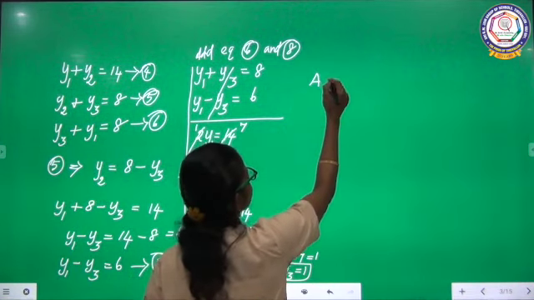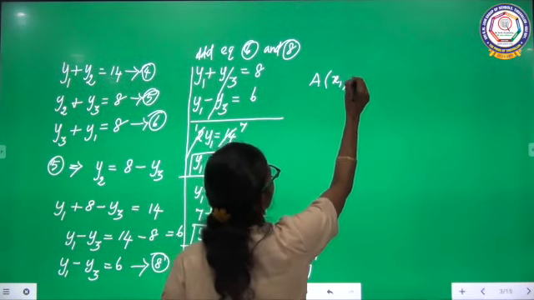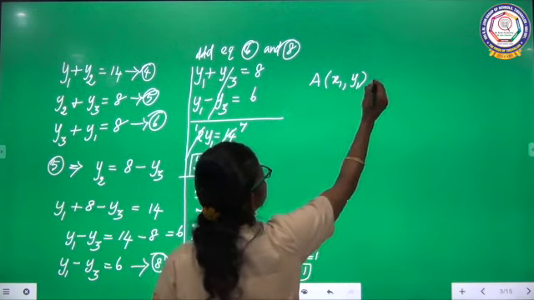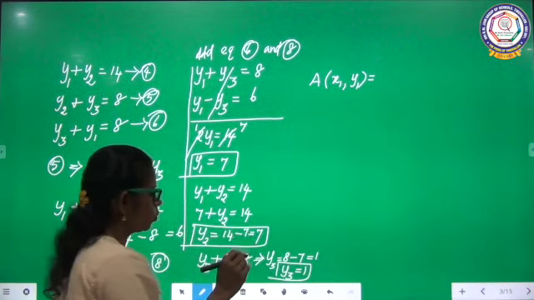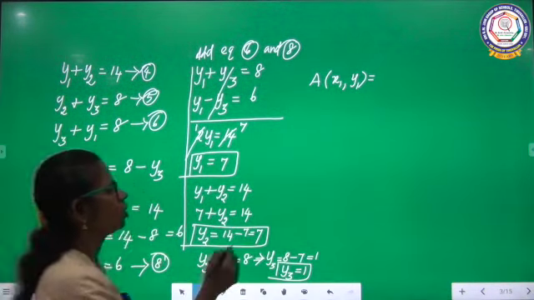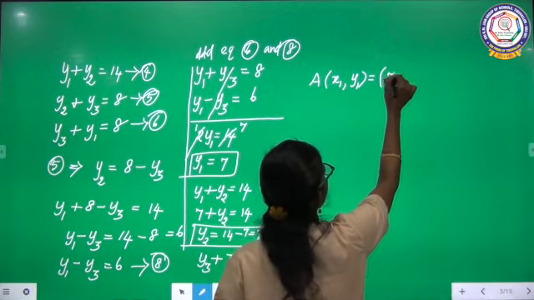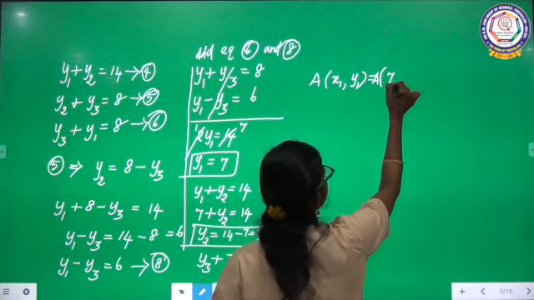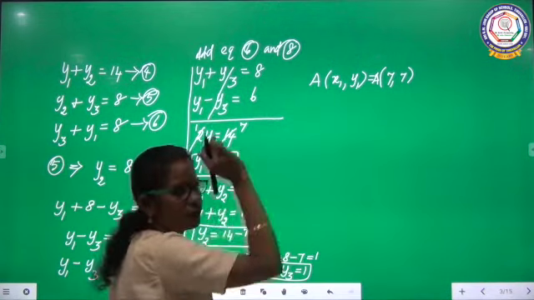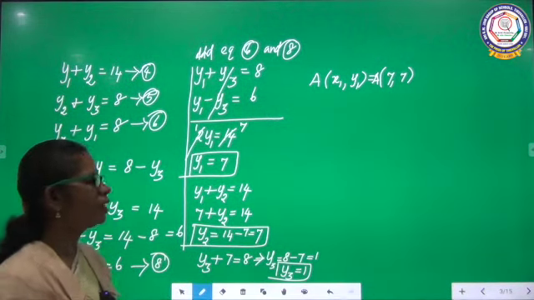A you consider as x1, comma y1. So what is the answer? x1 is 7, y1 is also 7. So A coordinate is 7, comma 7.